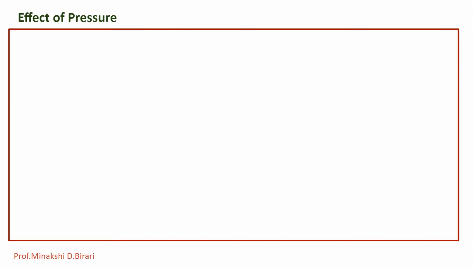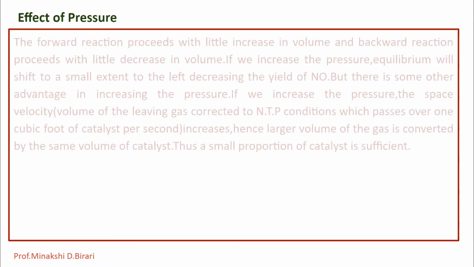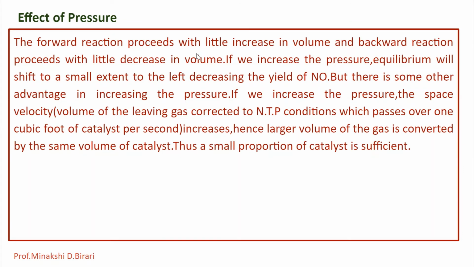So what is the effect of pressure for the oxidation of NH3 to NO? The forward reaction proceeds with little increase in volume, and backward reaction proceeds with little decrease in volume. So already we know that 9 volumes of reactant gives 10 volumes of product.